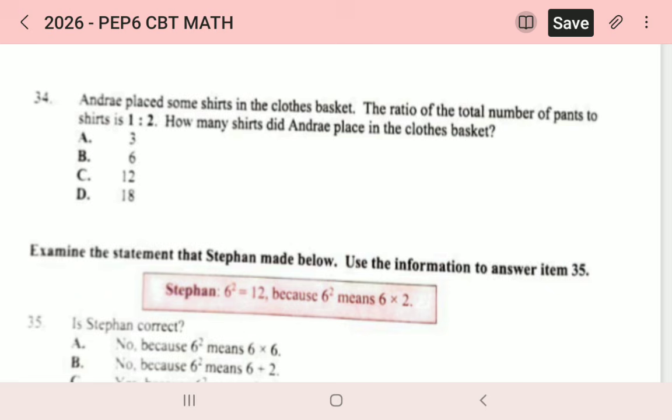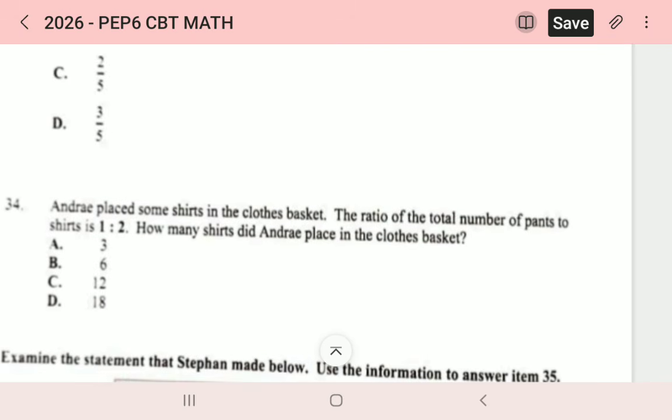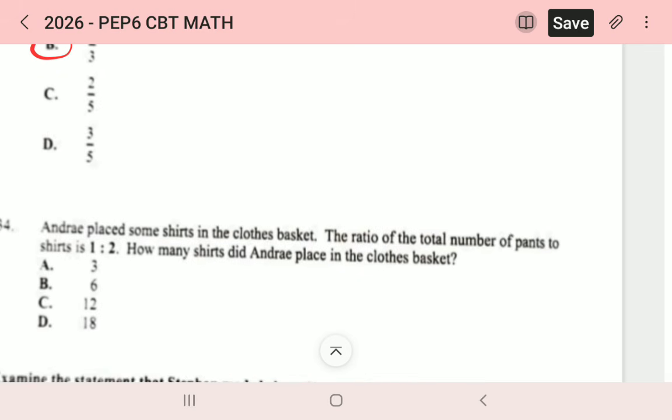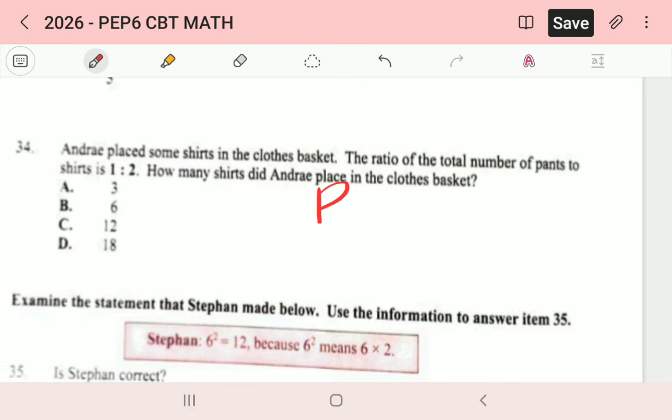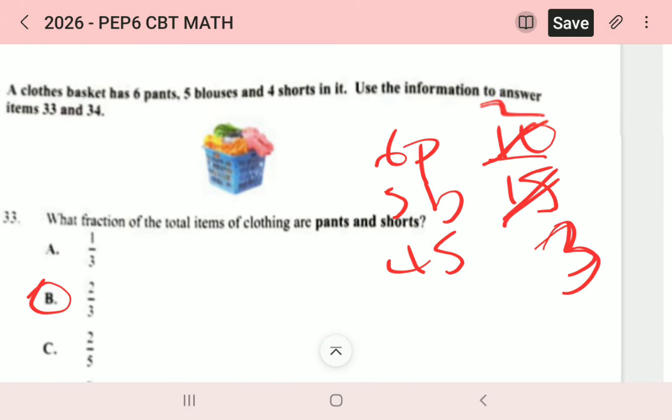All right, so we're looking at 34, and it says the ratio of pants to shirts is 1 to 2. So pants first. Pants is what again? 6.